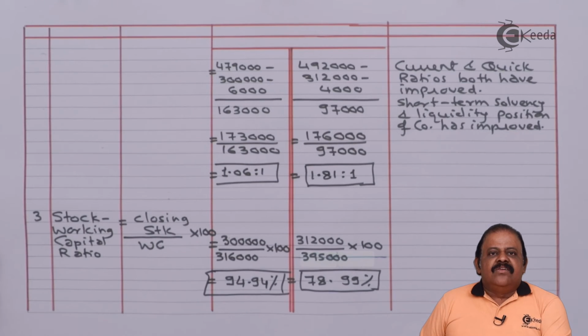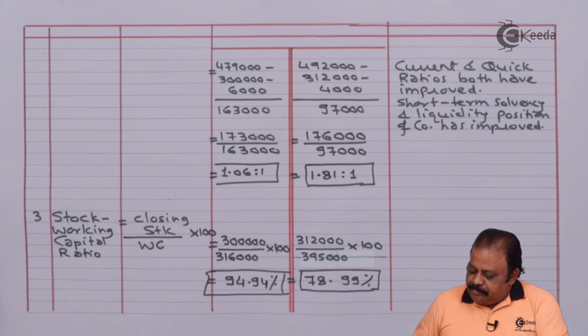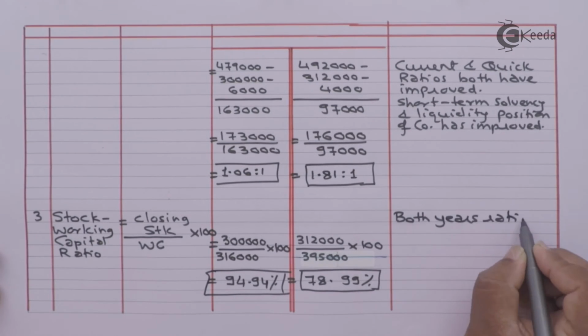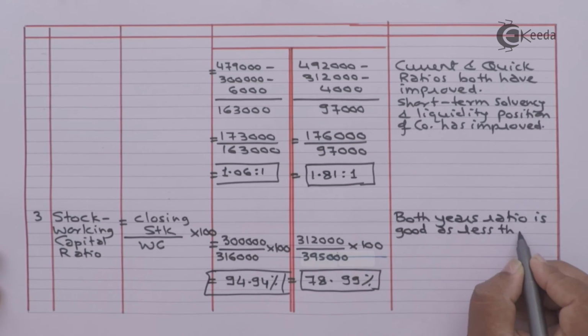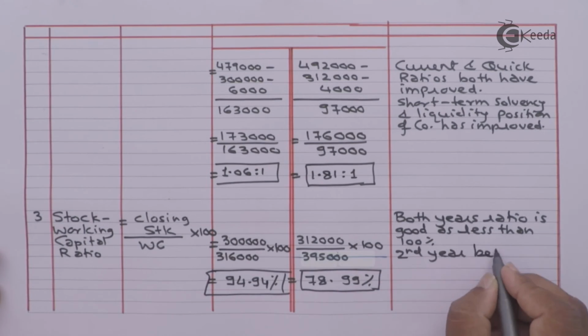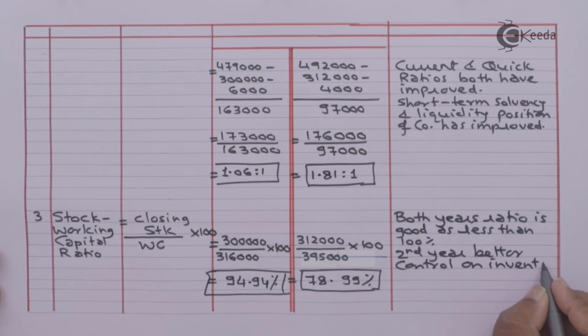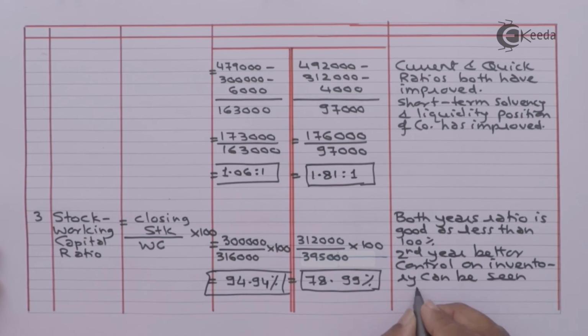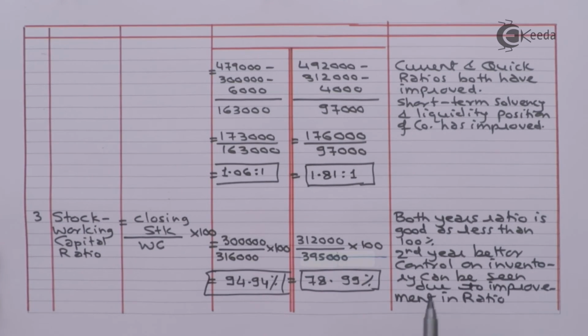It indicates that there is better stock management during second year. Both years ratio is good as less than 100%. Second year, better control on inventory can be seen due to improvement in ratio.